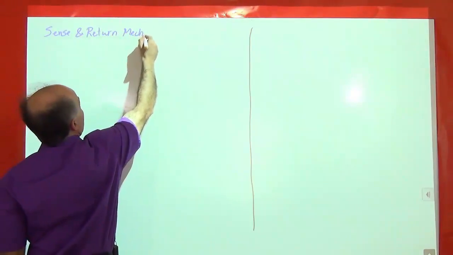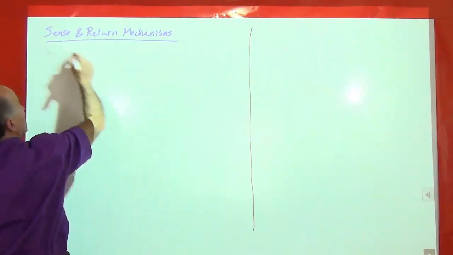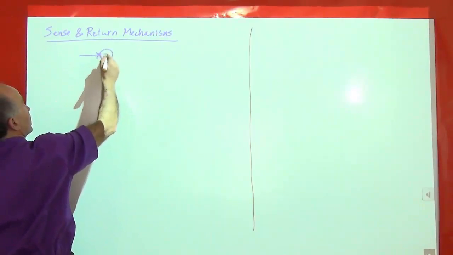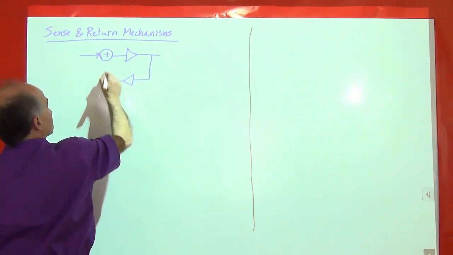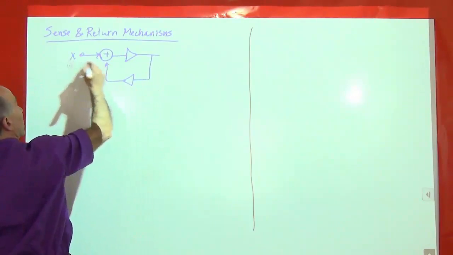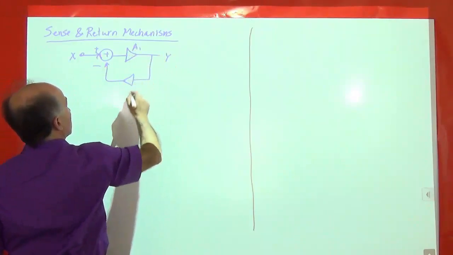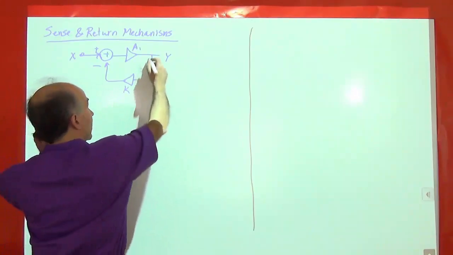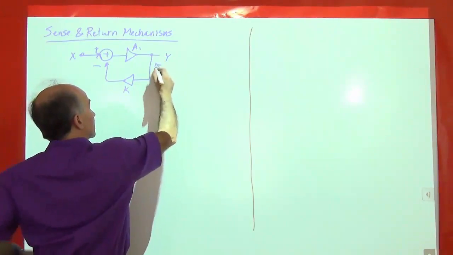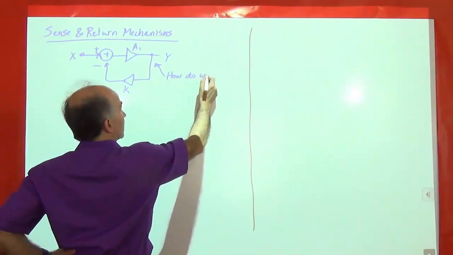So let me just explain what this is all about, and then next time we'll elaborate. So here's our feedback system. X and Y, A1 and K. So sense mechanism means, how do we sense here? So how do we sense?